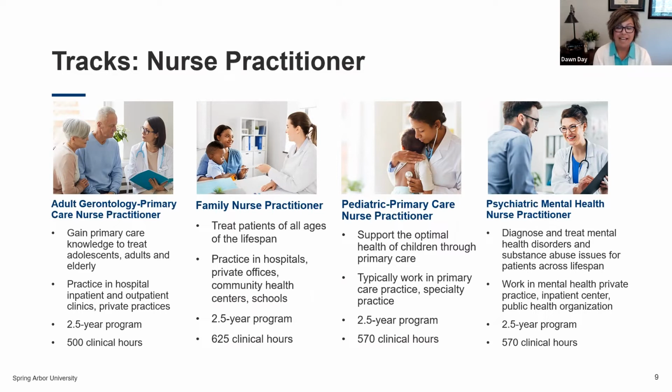And as we stated earlier, all of our tracks are CCNE accredited, so you can be confident in that. And each student chooses a track when they enter the program. And then you would complete the core courses in the first year and a half.